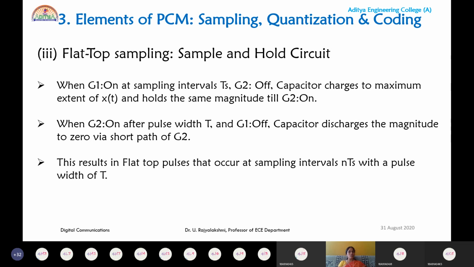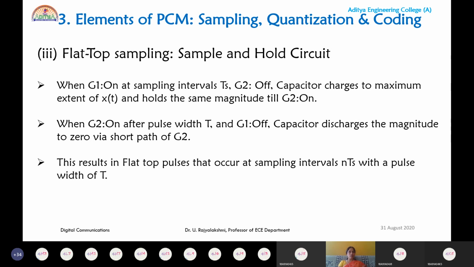So what is the drawback of natural sampling? In natural sampling, we studied that we are generating the sampled signal with varying amplitudes. The output pulse amplitude is not constant; it varies in accordance with the message signal.